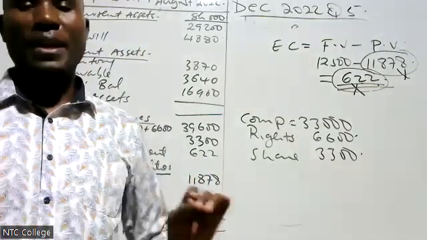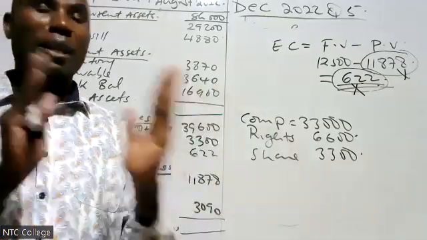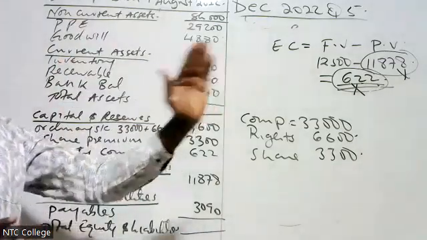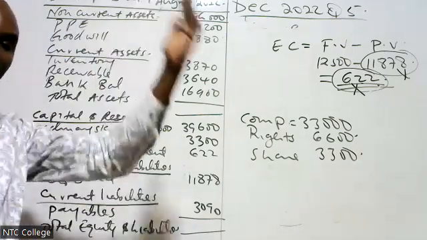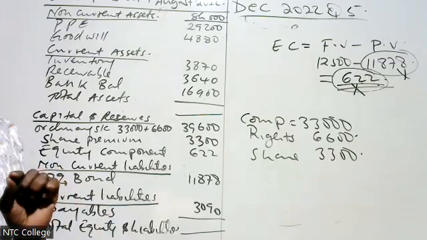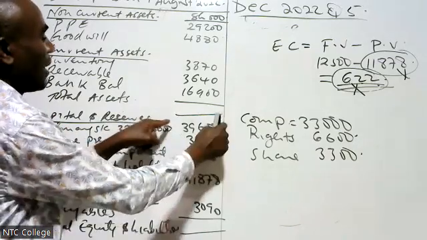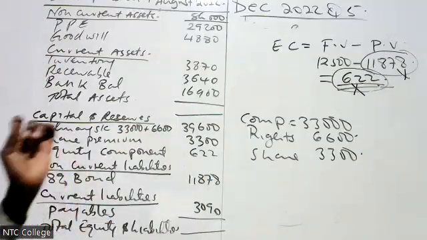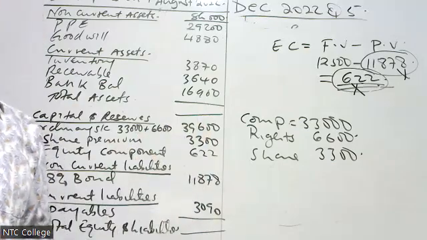If you mix, you will fail. Always separate the par value and the premium. Like this one, we issued shares at shillings 15, but the par value is shillings 10. Therefore, you are required to recognize the premium of shillings 5, and you must separate. If I just report together, this figure will be wrong and I will not get that mark. I need to separate the premium and the par value always.